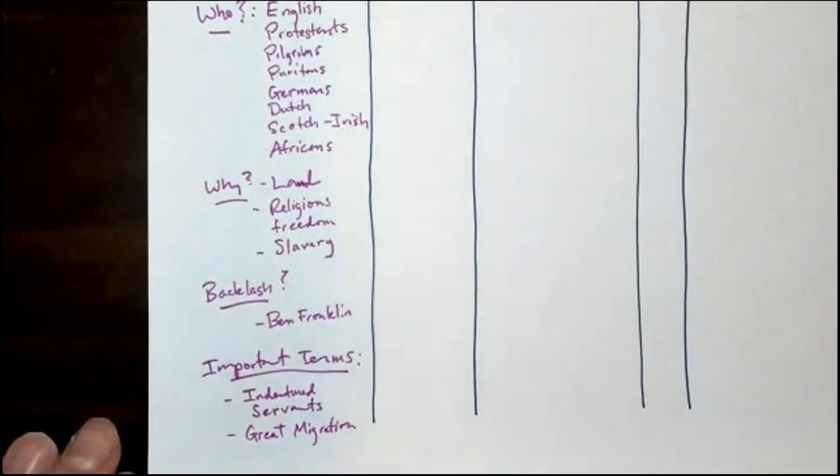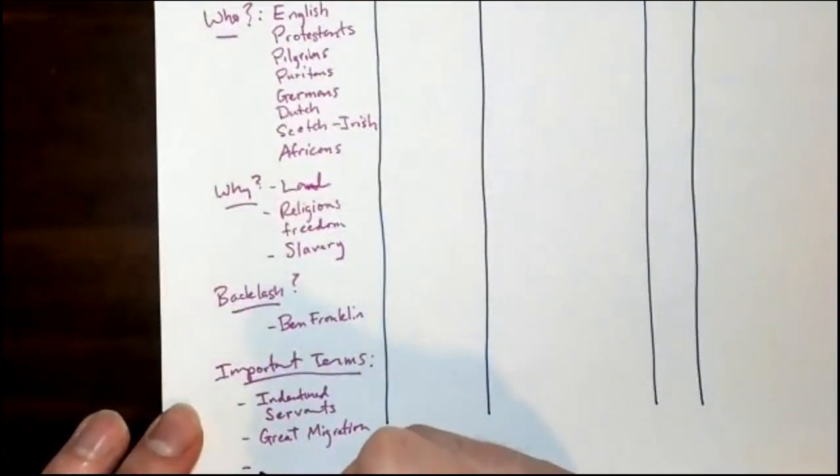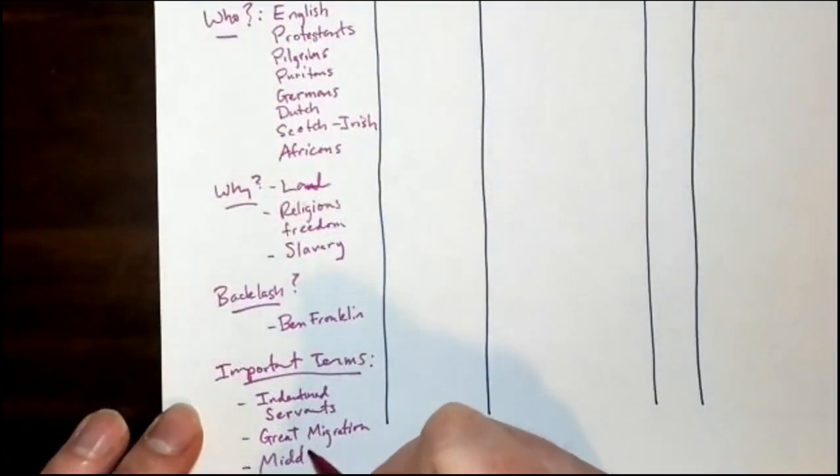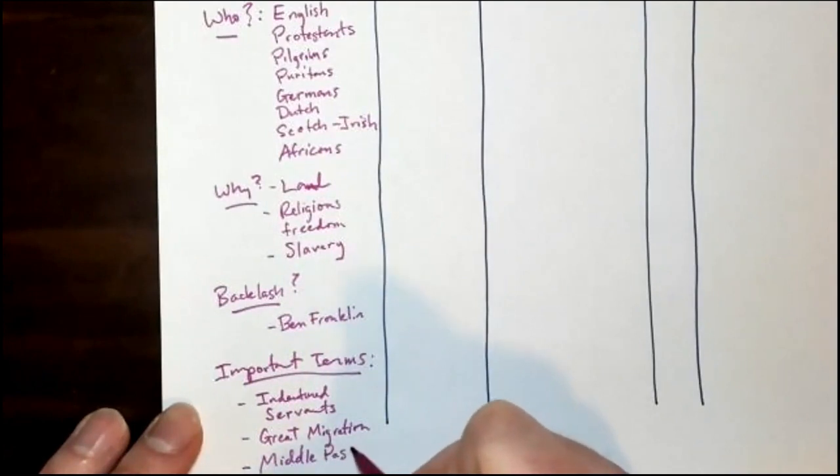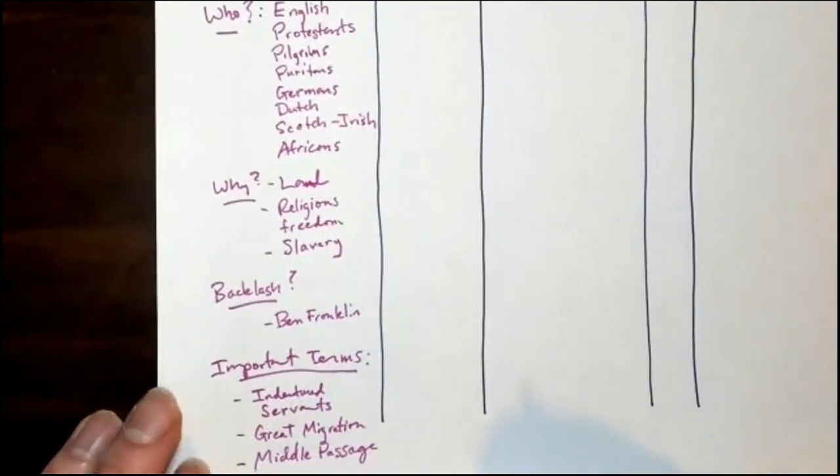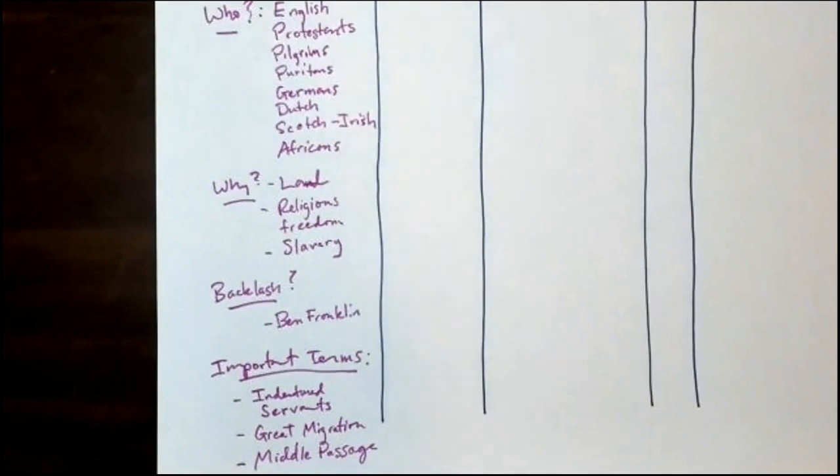Other terms we should know, for Africans coming over, you should know the Middle Passage. The Middle Passage was the leg of the triangular trade that brought Africans to the New World as slaves, and was a horrible, horrible journey. A lot of people were killed along the way, and the conditions in these ships were absolutely terrible.